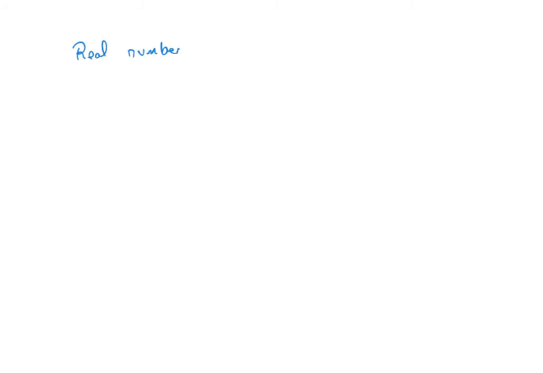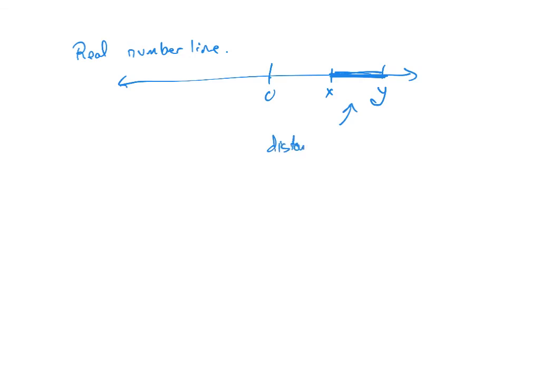Now we've talked about it several times, but we do have a real number line, which is where our real numbers live. So let's say that's x, and that's y over here. The distance between two points on the real number line is the absolute value of their difference.